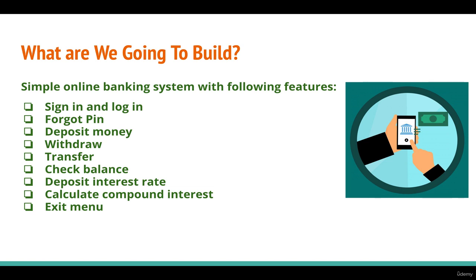If he chooses that he's done with the application, then the program will end. But if he chooses to do another transaction, then the main function is going to be called again, right? So that's pretty much all the functionalities that we're going to build in this project.